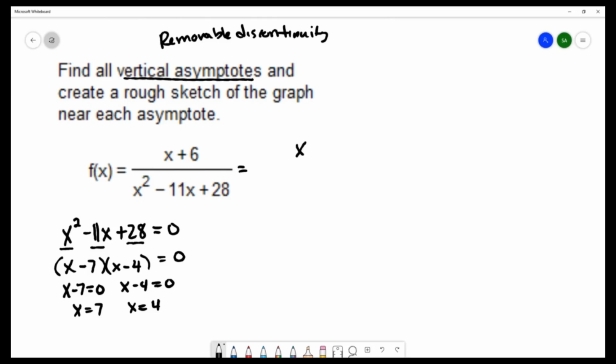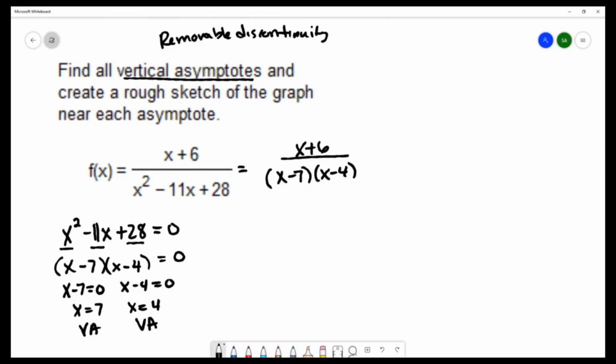The numerator is already factored into x plus 6, and the denominator, we factored that into x minus 7 times x minus 4. And you can see that we do not have common factors between the numerator and denominator. So that means that both of these are vertical asymptotes. So this function has 2 vertical asymptotes.